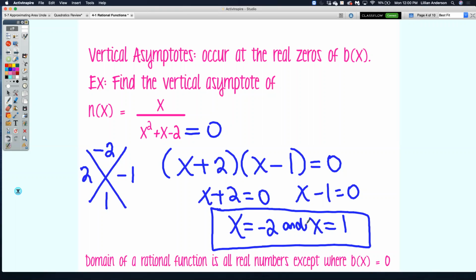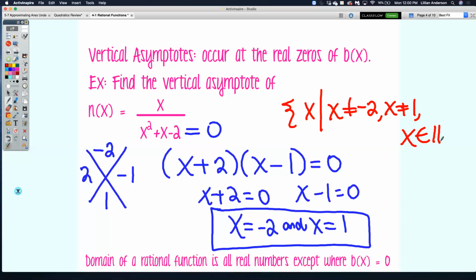And again, the domain of a rational function is all real numbers except where the denominator is equal to 0. So the process of finding your vertical asymptotes also tells you what the domain of the function is as well, okay? So our domain for this particular rational function is the set of x values such that x cannot equal -2 and x cannot equal 1, but x is an element of all real numbers.